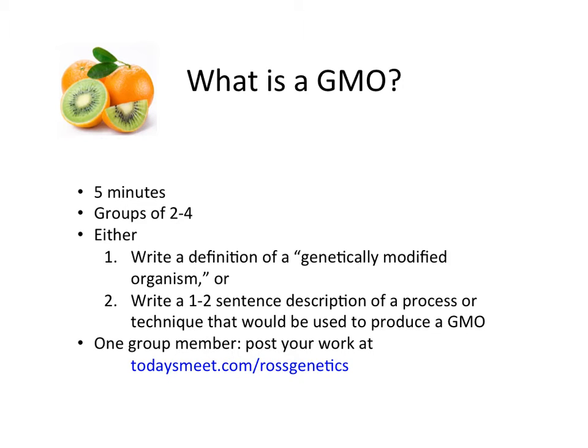How likely is it that at some point in time that random mutation does what we're trying to get it to do? And that's where genetic engineering, which is part of GMOs, comes into play. So a lot of you have definitions up here that talk about doing something in a laboratory, inserting genes. So that's designing genes even.